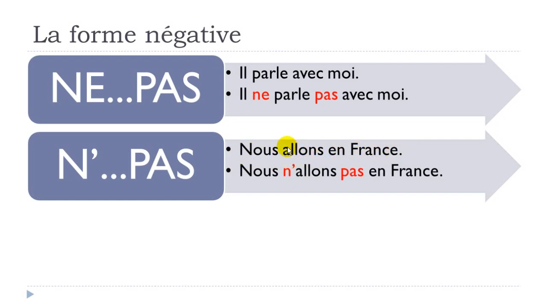Here, the first letter is A. Remember the rule. If it starts with a vowel, like here, you will have to drop and take away this e. So that's the reason why we've got this n apostrophe. Nous n'allons. And then you don't really need to think. You just put this pas after the verb, en France. Nous n'allons pas en France.